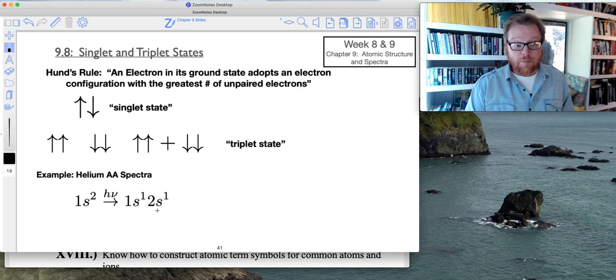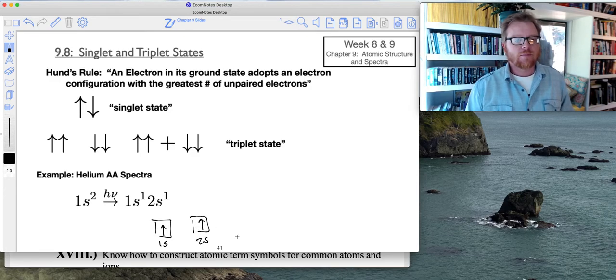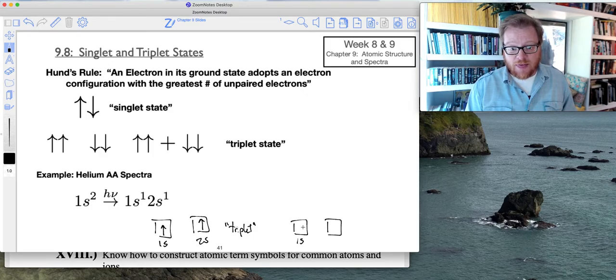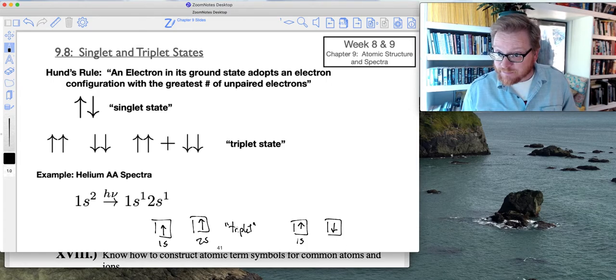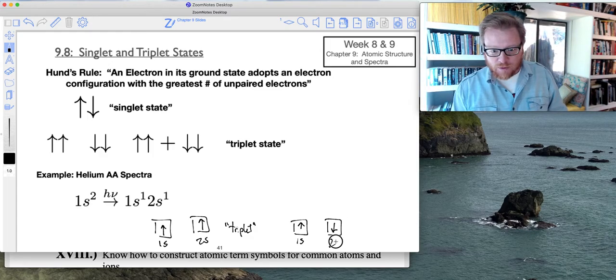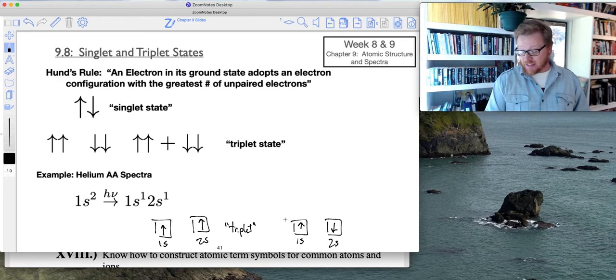Because that's occupying both a 1s orbital and a 2s orbital, it could be spin parallel, like a triplet. That would be a triplet state. Or, because these are in different orbitals, they could in fact still be paired, not necessarily in the same orbital, but all the same, that is a possibility.